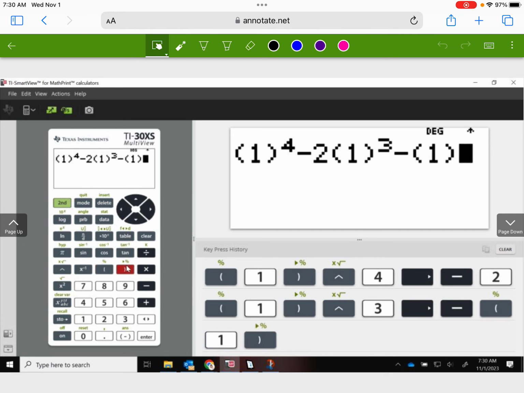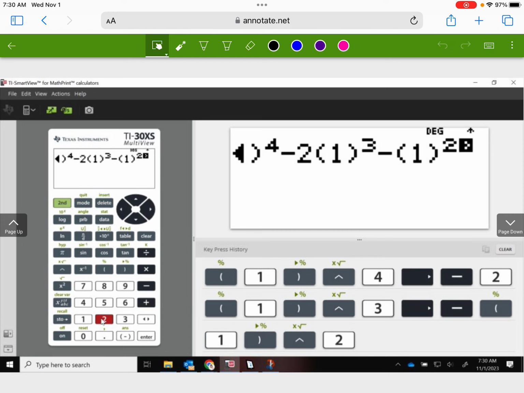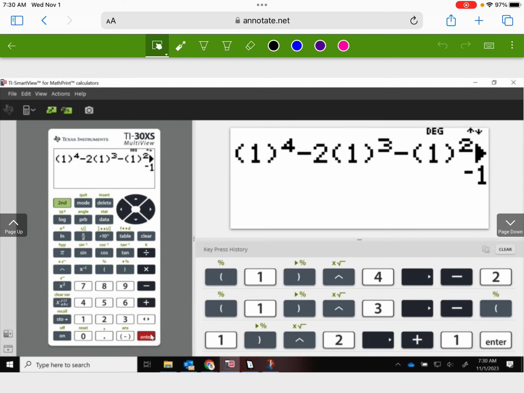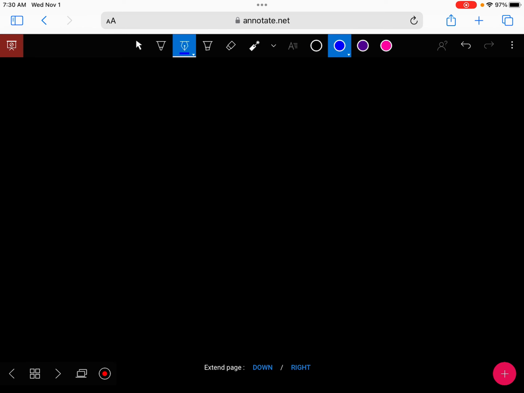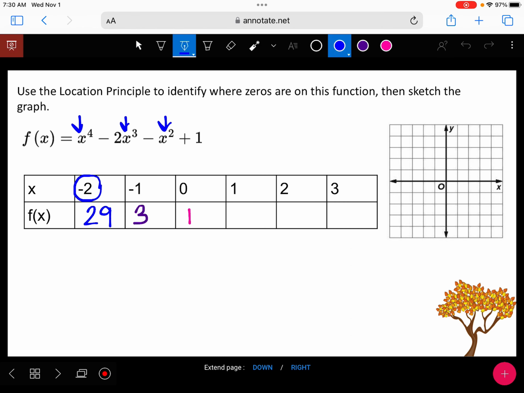Minus 1 squared plus 1. And we get negative 1. Two more of these for this one. So we're just typing them into the calculator.